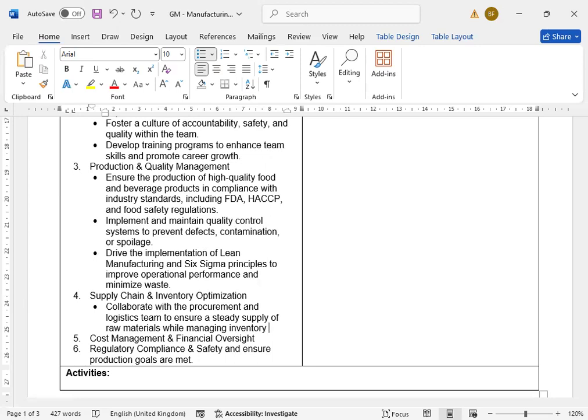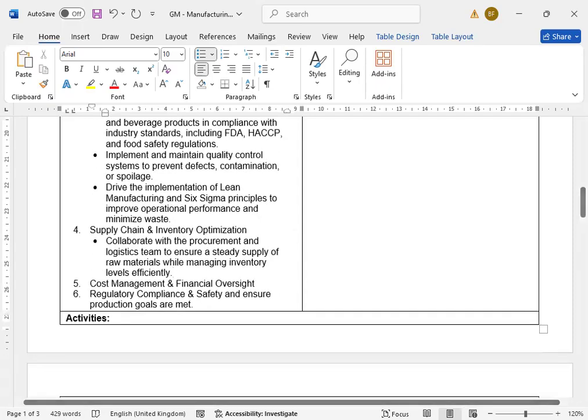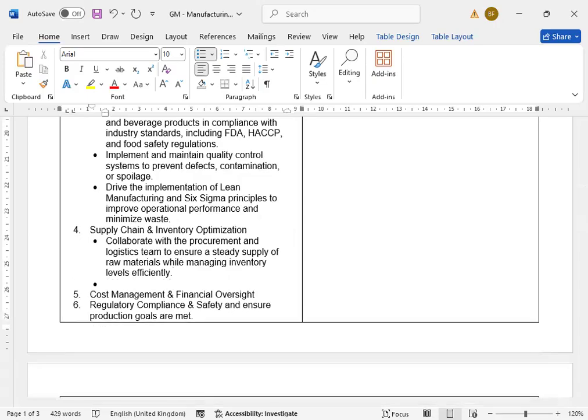Then the next one would be: oversee inventory control practices.